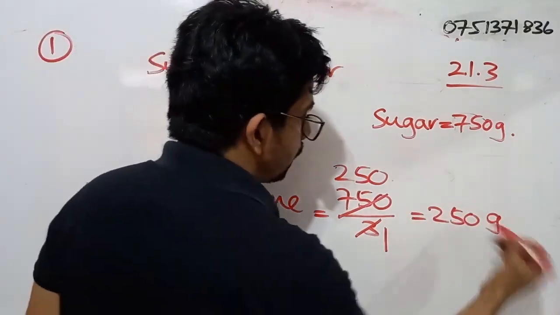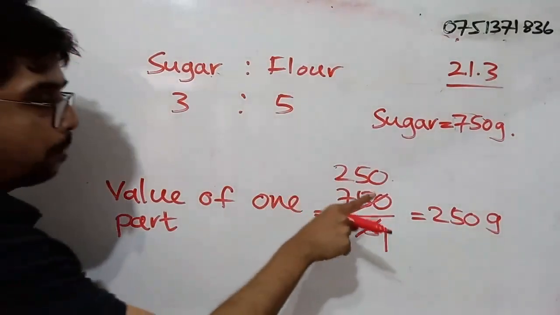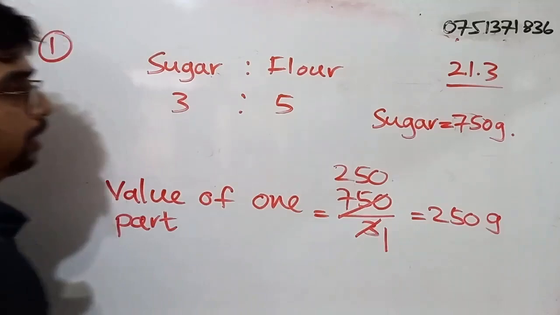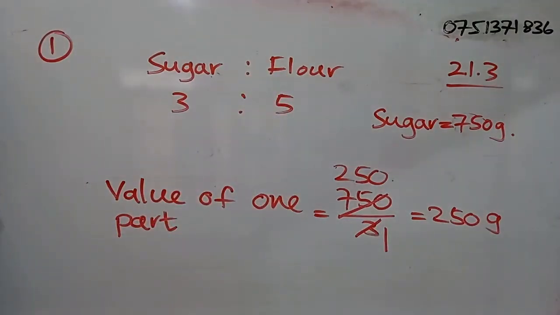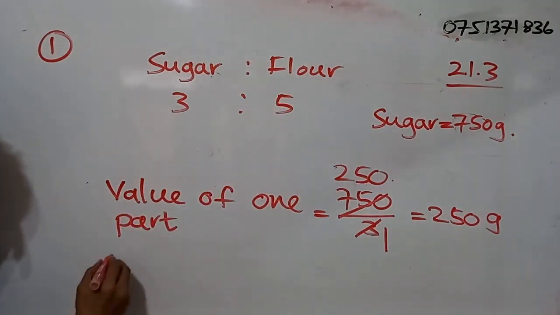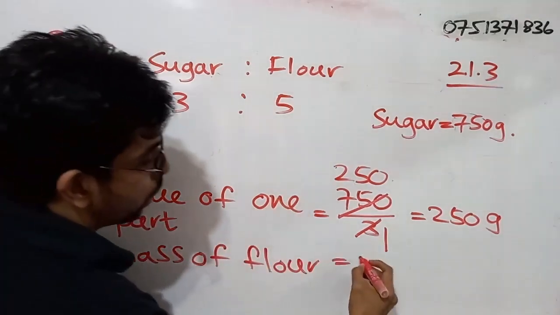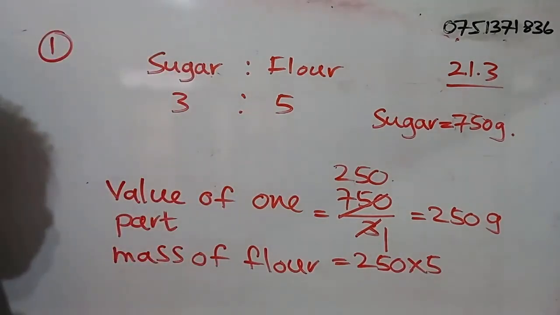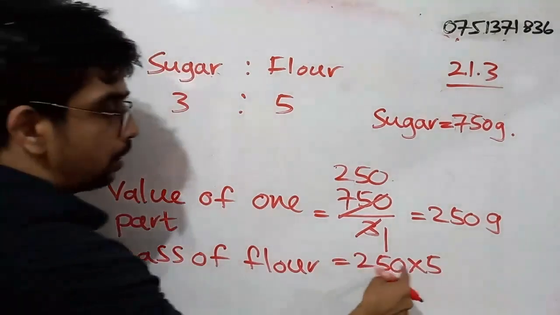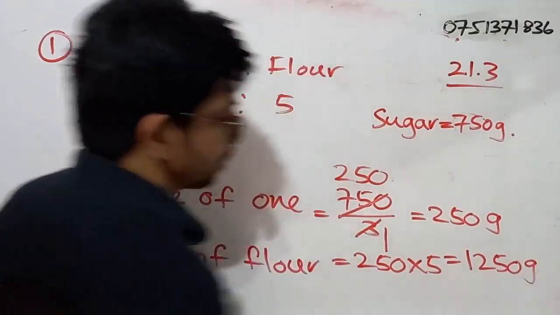These are grams. So if 1 part is 250 grams, how much is 5 parts? From that we can calculate the mass of flour: value of 1 part into total number of parts, 250 into 5, that is 1250 grams.